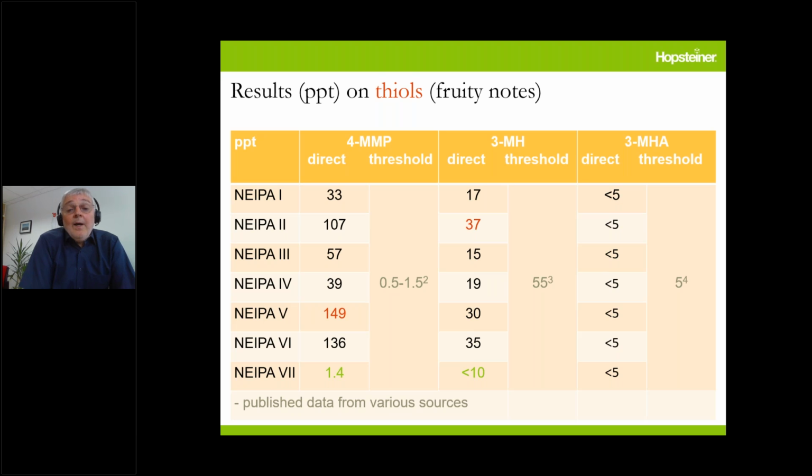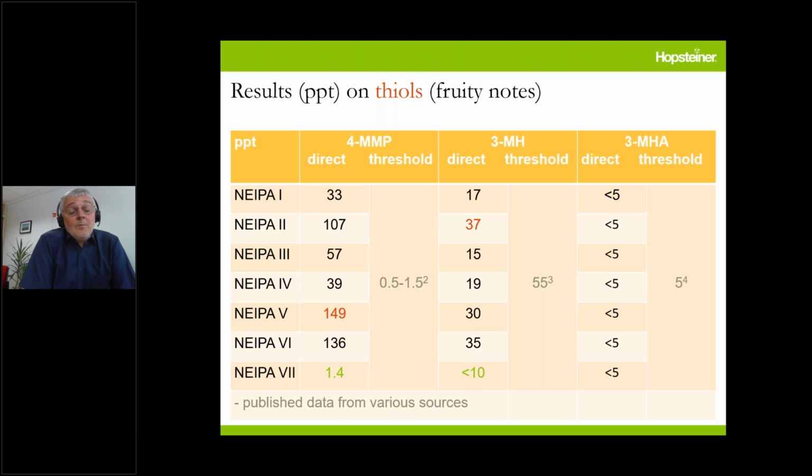For the 3-MH, we are in all cases lower than the threshold, but for 4-MMP, we are in all the commercial varieties much, much higher than the threshold.